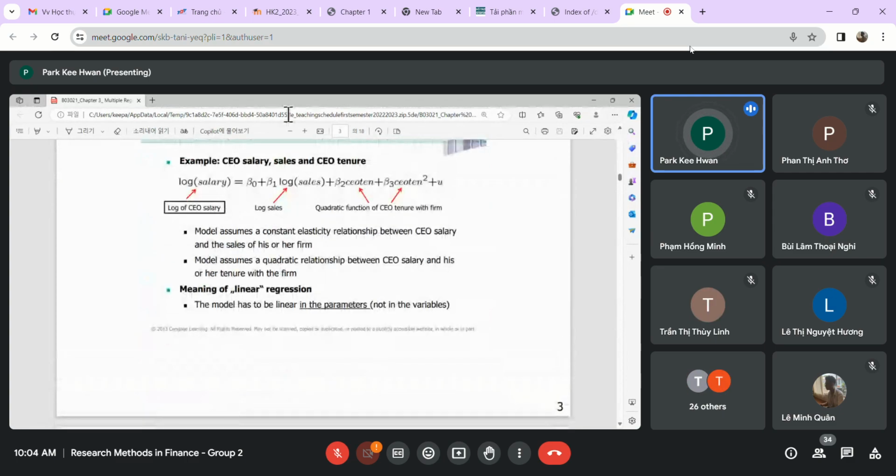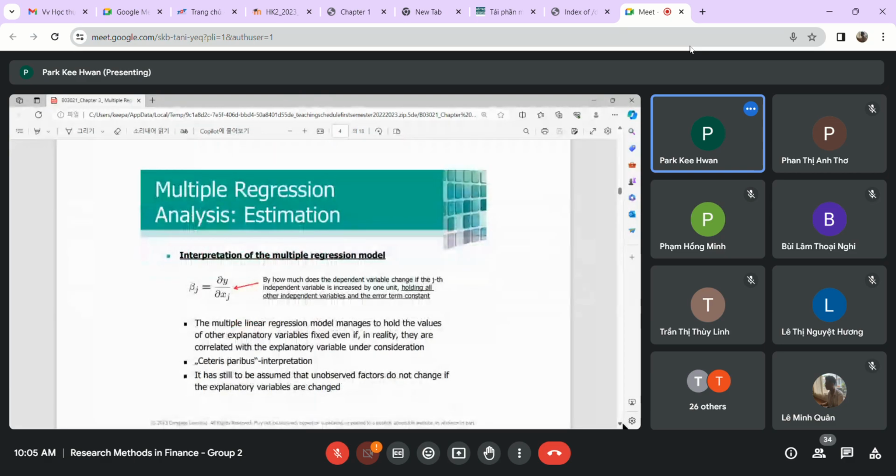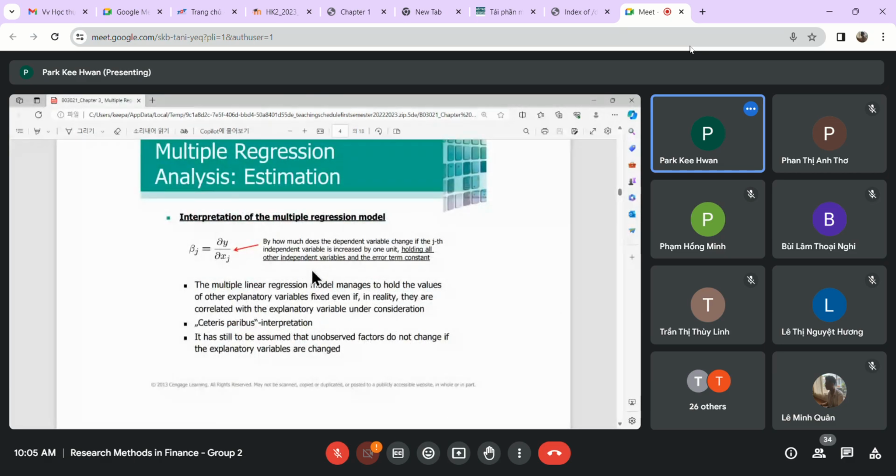So for example, in this case, what the slope parameter means, beta 1 or beta 2. That is the partial derivative. So you know the meaning of partial derivative. When you take the partial derivative, you only allow the change in the xj while holding all other variables constant.